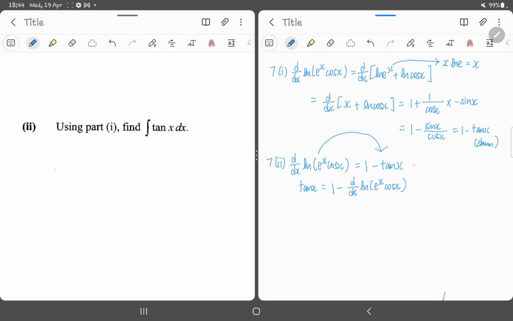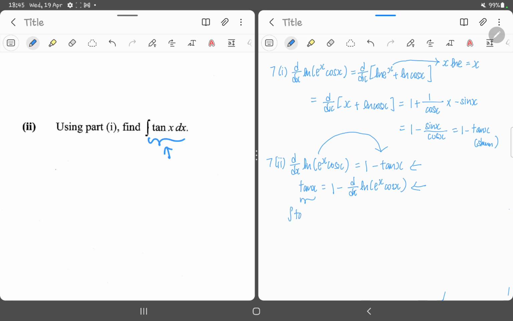Now using this equation, we are required to find the integral of tan x dx. We make use of the results earlier in part 1, we rearrange it to get this equation, and we can see that it's just tan x over here, and we are required to find the integral of tan x. So let's take the integral on both sides.